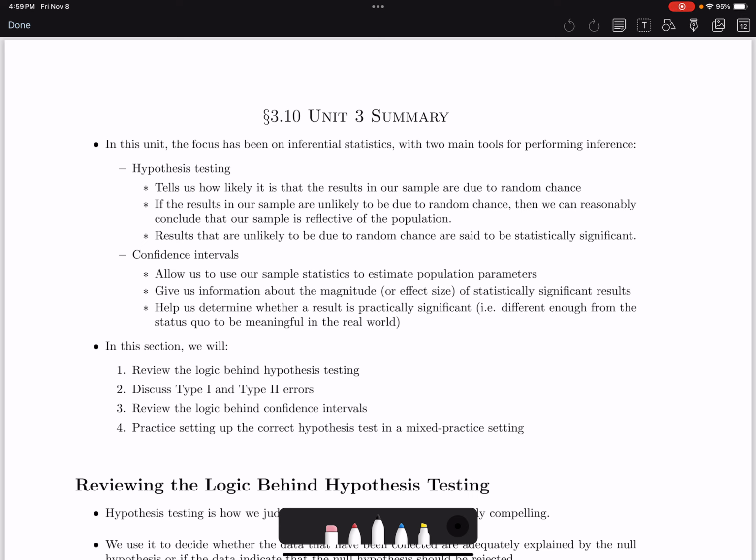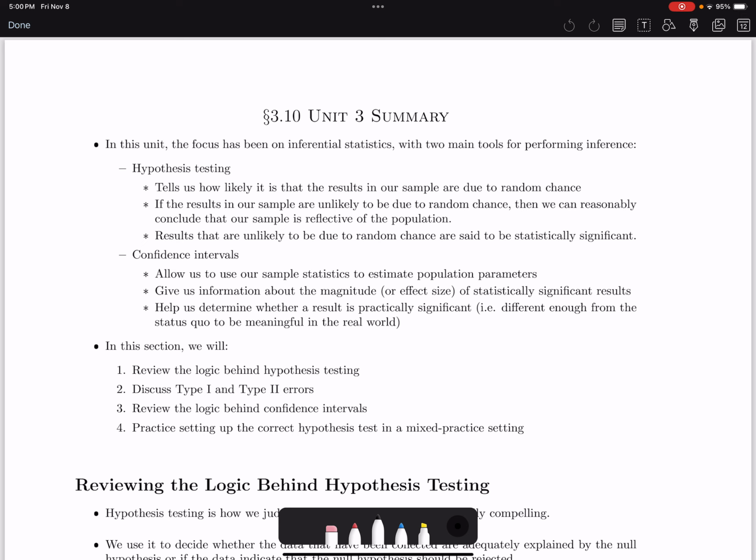So what I would like to do in this summary is review the logic behind hypothesis testing and the logic behind confidence intervals. Along the way, we will discuss type 1 and type 2 errors, which have been at the periphery of a lot of the things we've talked about, but we haven't ever formally defined them. Now that we've seen several examples of hypothesis tests, I think it's a good time to delve into those a little bit more.